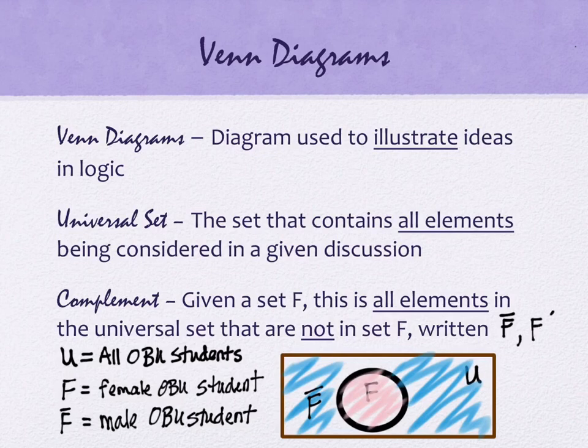Sometimes they put a hash mark at the end, like an accent mark, for complement. And sometimes they put a little C, kind of like a superscript, for complement. Those are two other notations that are sometimes used. Your book uses the bar on top. And that's where we're going to stop for today.